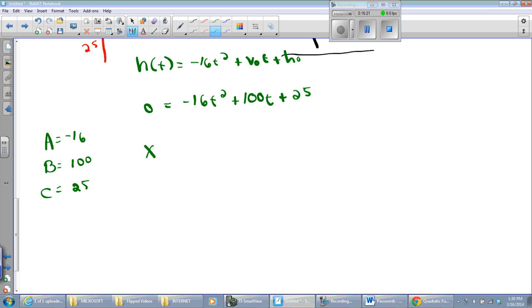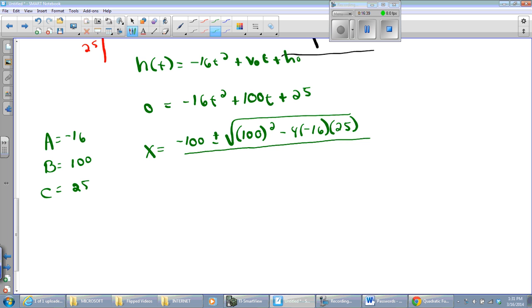So x equals the negative of b plus or minus the square root of b squared minus 4 times negative 16 ac, all over 2a.